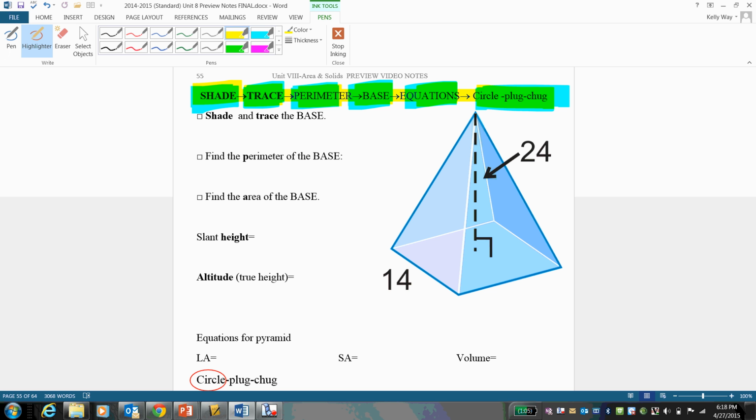So step number 1, we're going to shade and trace our base. There's only one, as it's a pyramid. Now, we find the perimeter of our base.